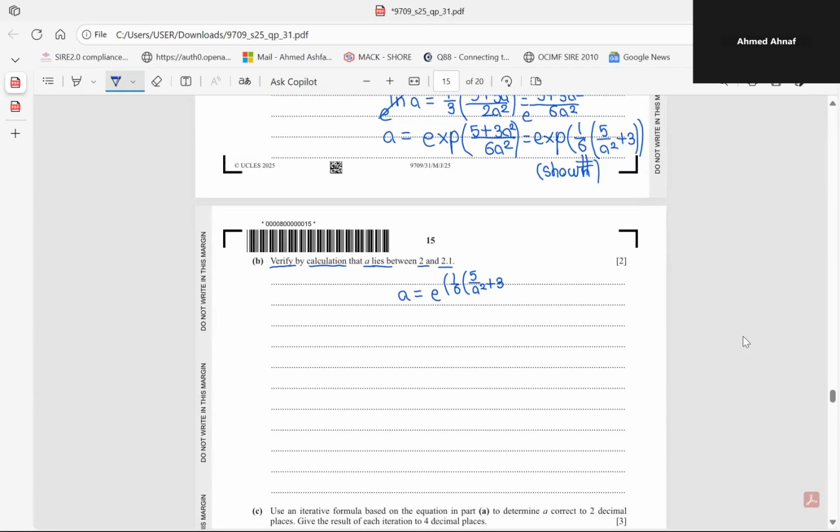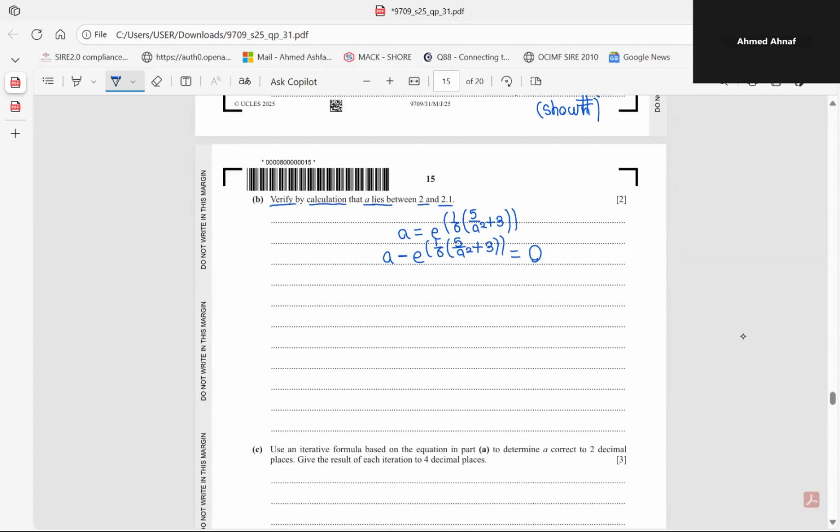I would like to take the equation from the previous part and make one side equal to 0. So in this case, I would make the right-hand side equal to 0. So this would be a minus e to the power of 1 over 6 times 5 over a squared plus 3 equals 0.